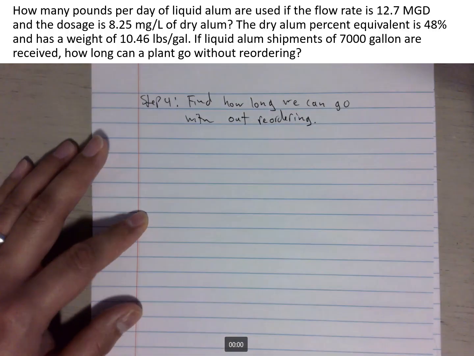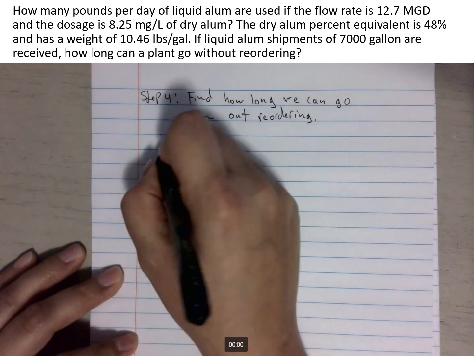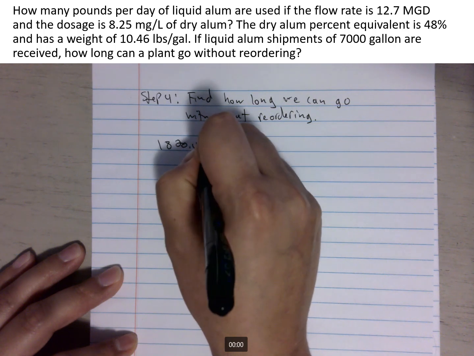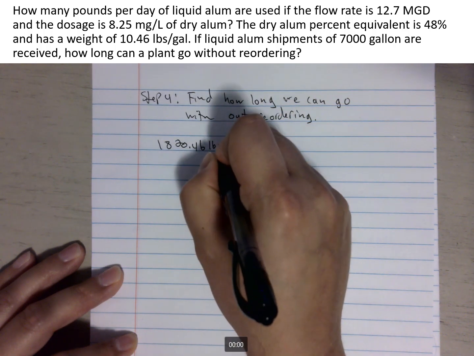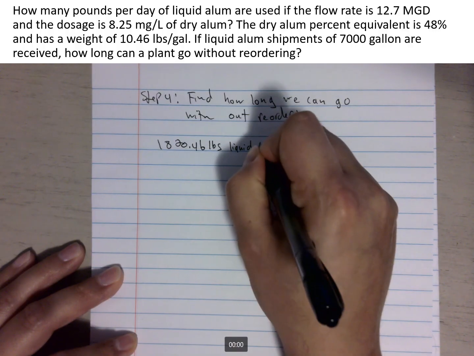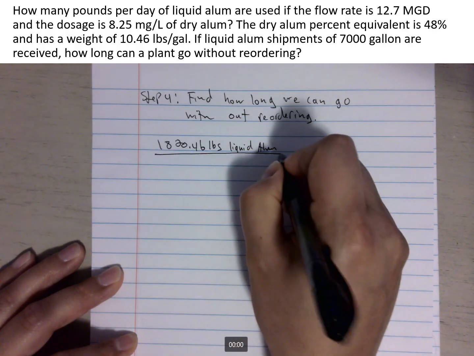We have how many pounds of liquid alum we're using, 1,820.46 pounds liquid alum every day, right?